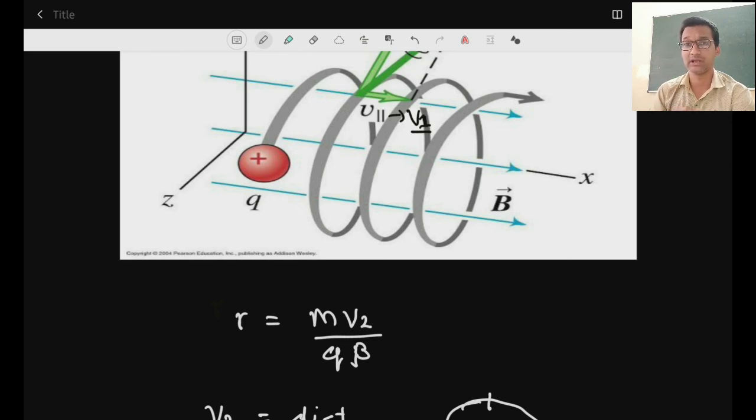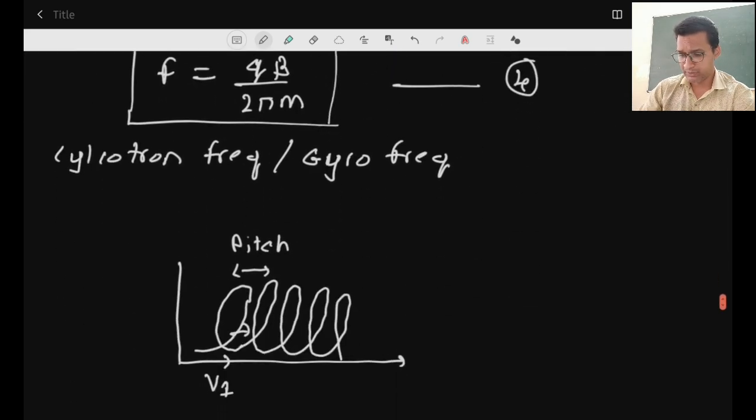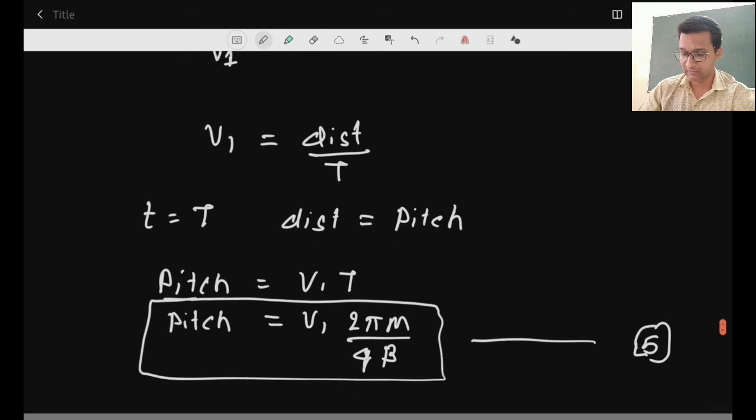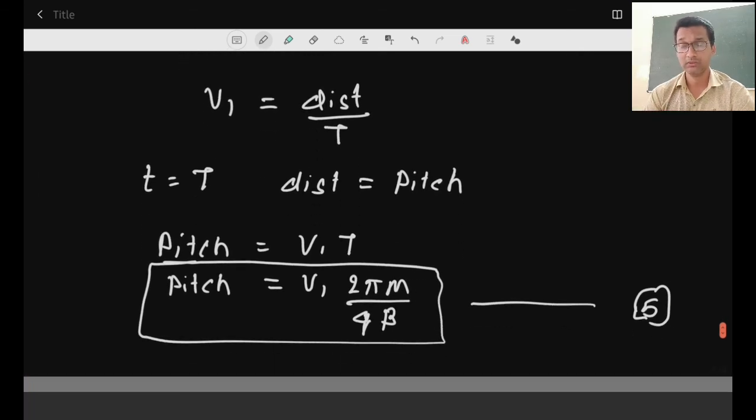This distance is called the pitch. Pitch is equal to the parallel component of the velocity multiplied by the time period, and the time period is 2 pi m divided by q into B.